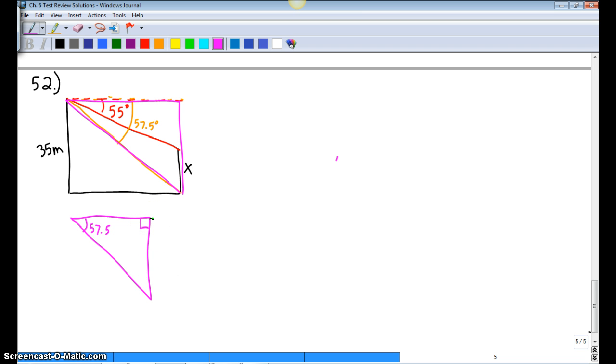Now the length of this side here we know is 35 meters. Let me call this y. If we can find y, what we can do with that is create another triangle that is just this distance.